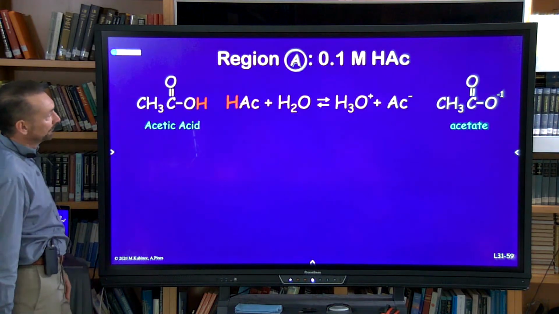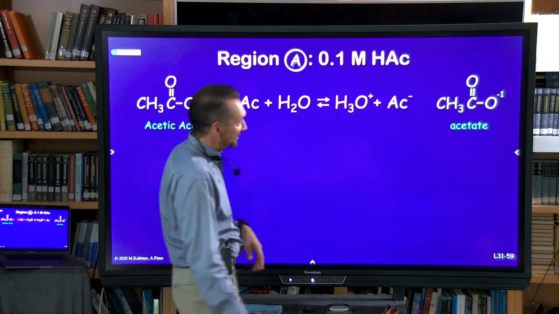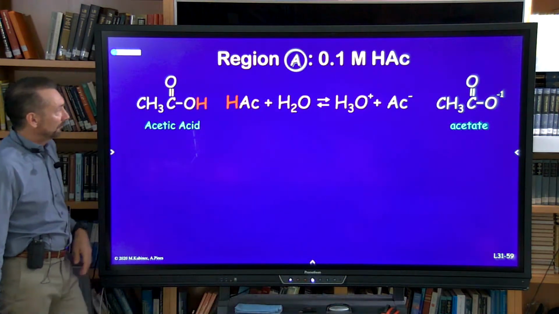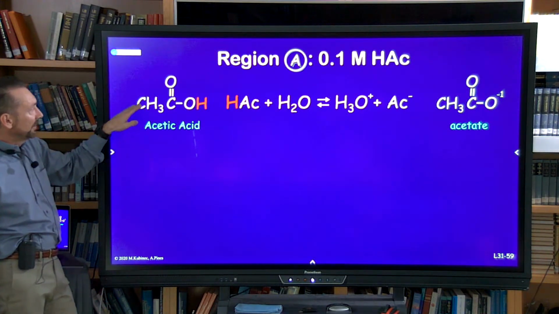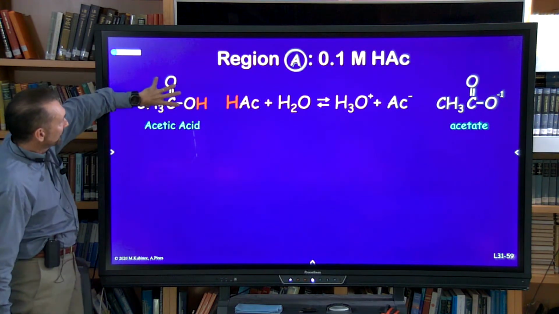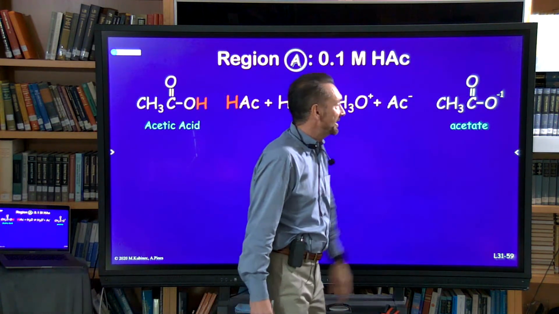So here I've finally written down the structure of this acetate, AC minus, thing that we've been talking about this whole time. So it's acetic acid. You can see why I don't write it out every time. Too many symbols. So the abbreviation for that whole ion is AC. There it is, the acetate ion.